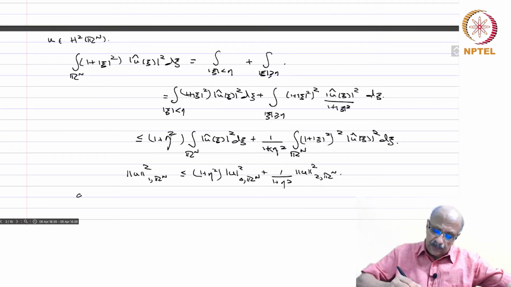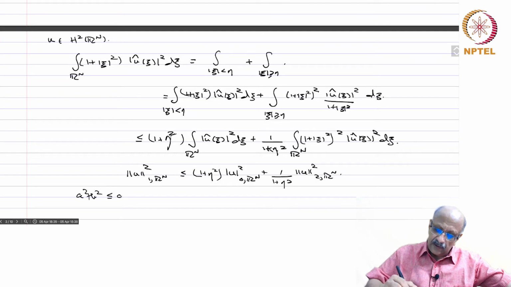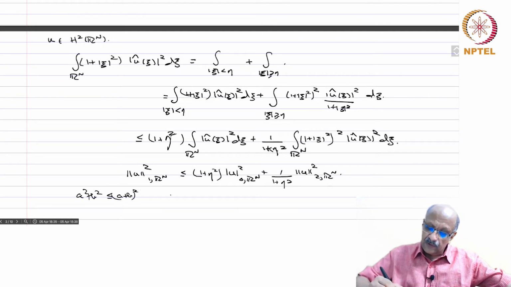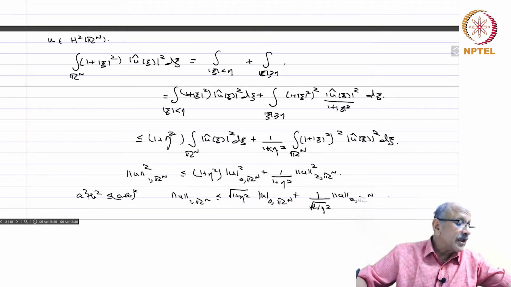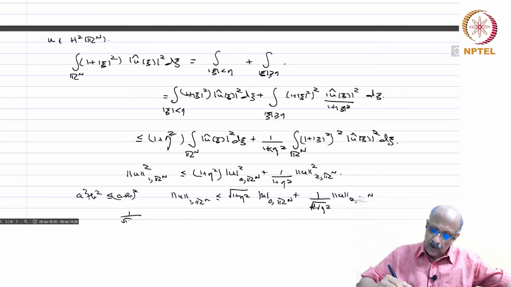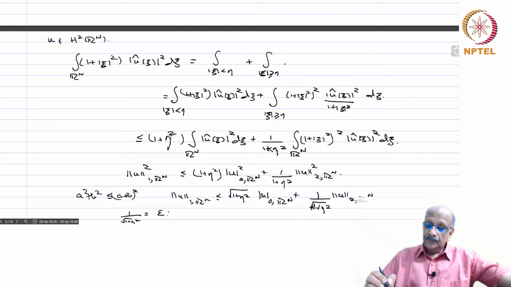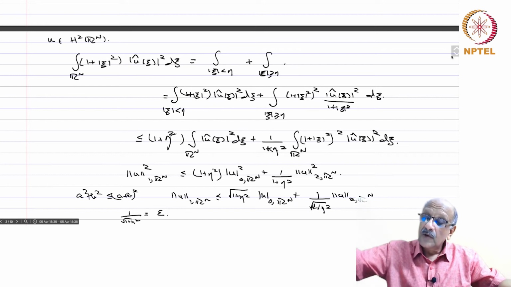So a square plus b square is less than or equal to a plus b whole square, and therefore you have norm of u 1 Rn less than or equal to root of 1 plus eta square mod u 0 Rn plus 1 by root of 1 plus eta square norm u 2 Rn, and then you take 1 by root of 1 plus eta square equal to epsilon. Okay, and then you are done.